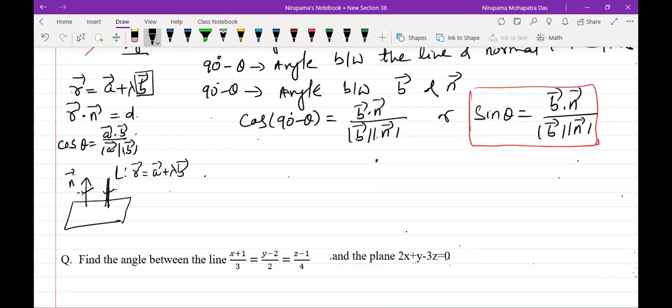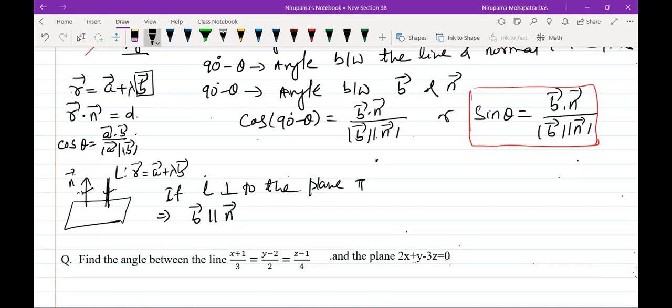If line L is perpendicular to the plane phi, this implies the b vector will be parallel to the n vector. That means the line will be parallel to the normal to the plane.